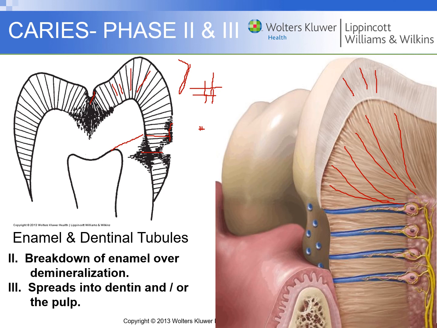But if it is decay, you can have this little tiny spot up here that looks like just a little tiny bit of decay, and what happens is that it can go like this and form a much wider amount of decay underneath. Or you can have a big wide piece of decay like this, and maybe it's just real shallow. It's only going to there. So we have to be careful. Phase 3 is when it spreads into the dentin and or the pulp. And those are the phases.